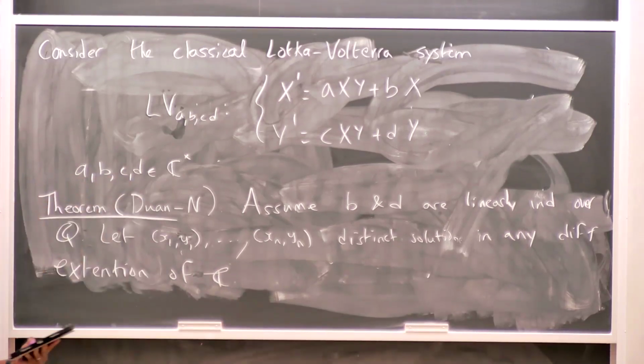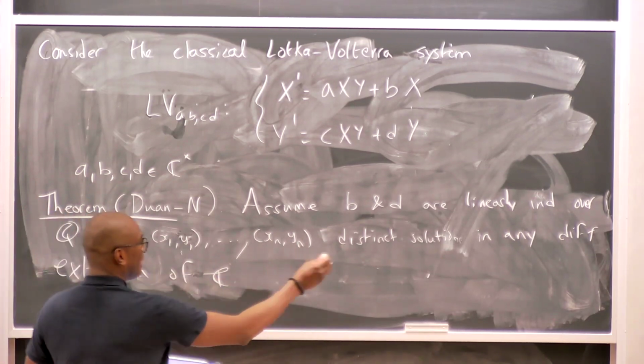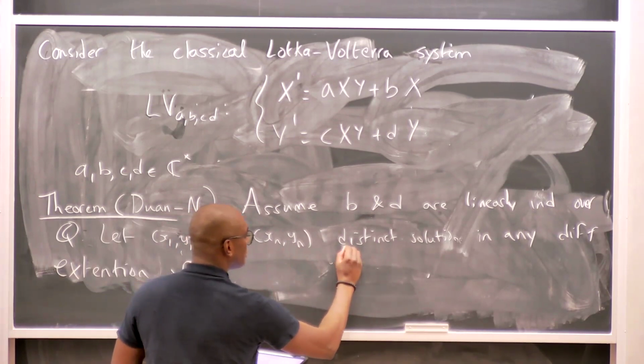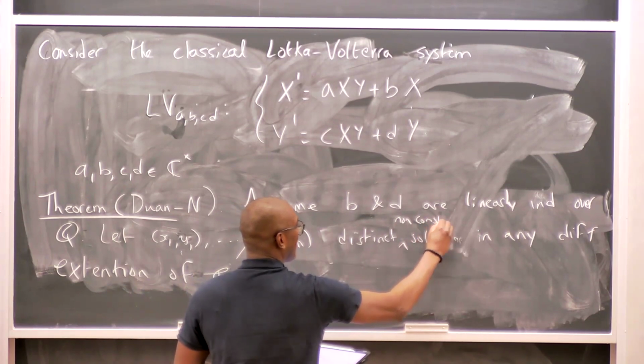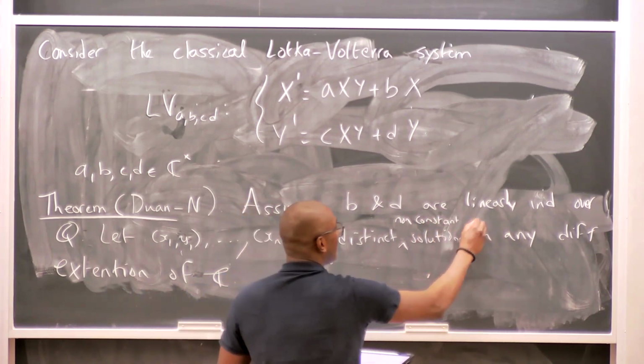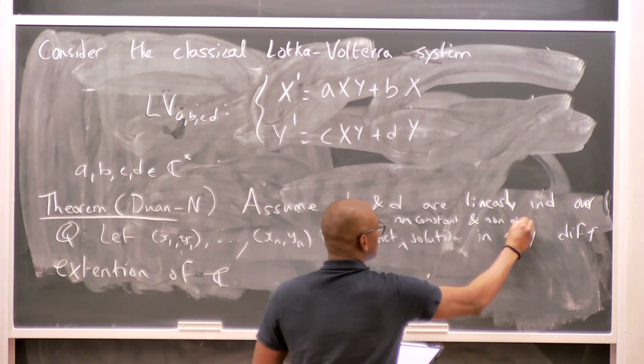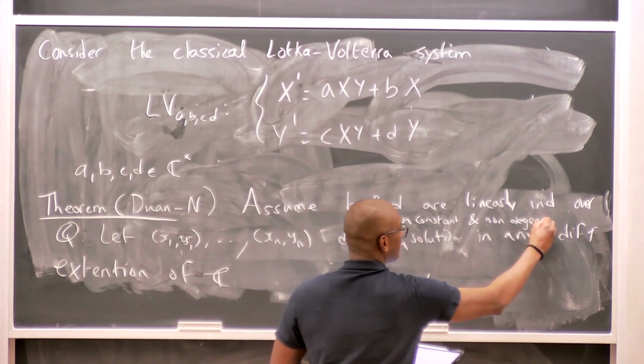Then what we have is that all the solutions are algebraically independent. Sorry, so assume further that the solutions are non-constant, and non-degenerate. I'll say in a second what that is.